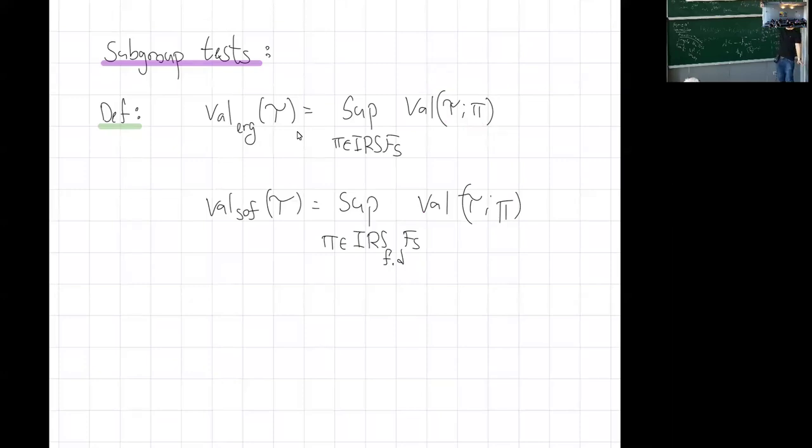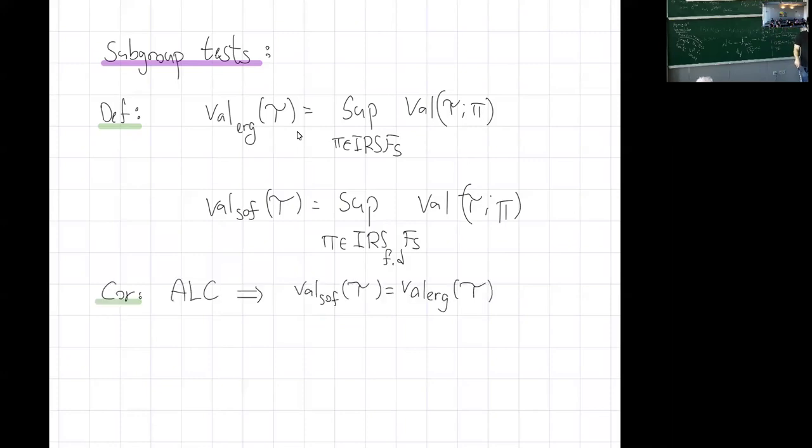That's just the name. So the ergodic value of the test is just the supremum over all values when I run over all possible IRSs. And the sofic value of the test is the same thing, but I allow you only to use the finitely described IRSs. So because this is a subset of this, and I'm taking supremum, a priori this is greater or equal to this, right?